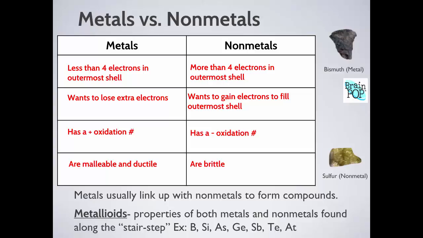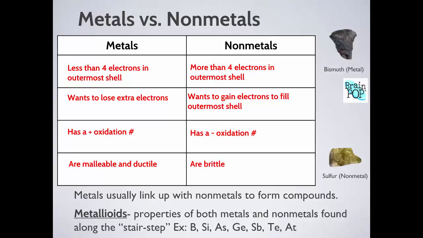So what do you notice we're missing here? If we say metals have less than 4 electrons and nonmetals have more than 4, what are we missing? Dean? The ones that have exactly 4. There are elements that have 4 electrons. Carbon was an example of one of them. And what did we say about them?